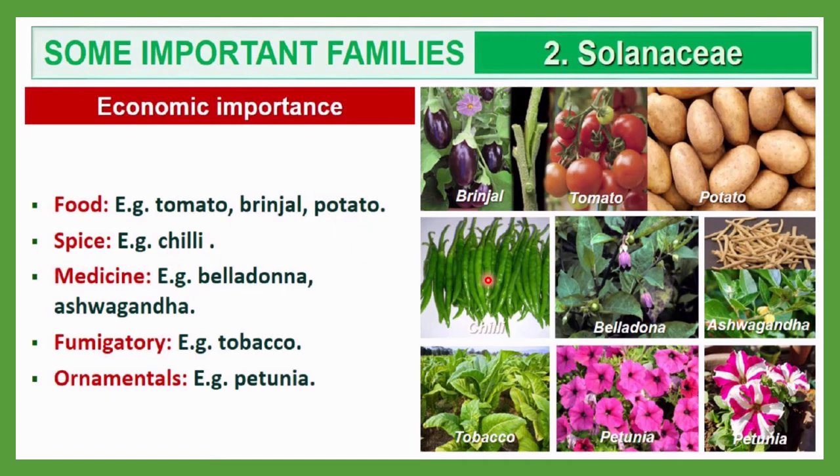As medicine they are also used: belladonna, which is also called datura, and ashwagandha. Then as fumigatory, sometimes tobacco. You know tobacco products very well. Then for ornamental, decorative purposes, petunia. These are petunia flowers, used as ornamental or decorative plants.